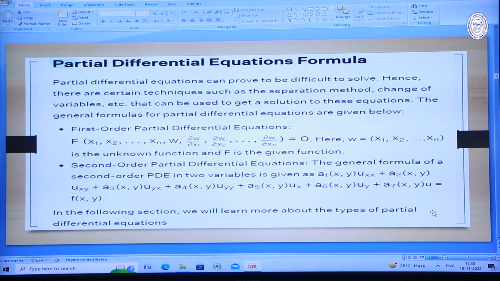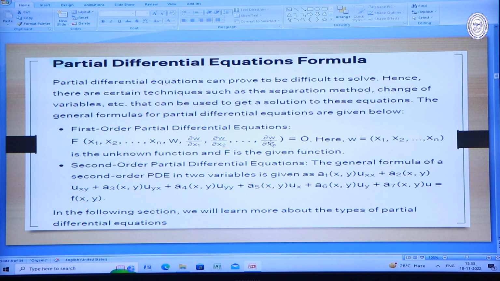Partial differential equation formula. Partial differential equations can prove to be difficult to solve. Hence, there are certain techniques such as the separation method, change of variables, etc. that can be used to get a solution to these equations. The general formula of partial differential equation is given below.